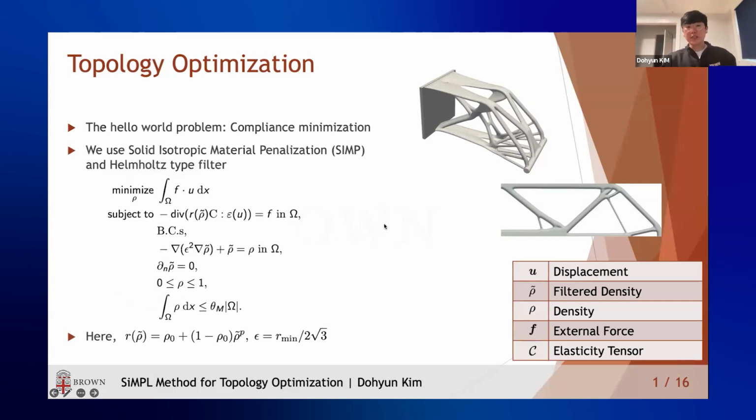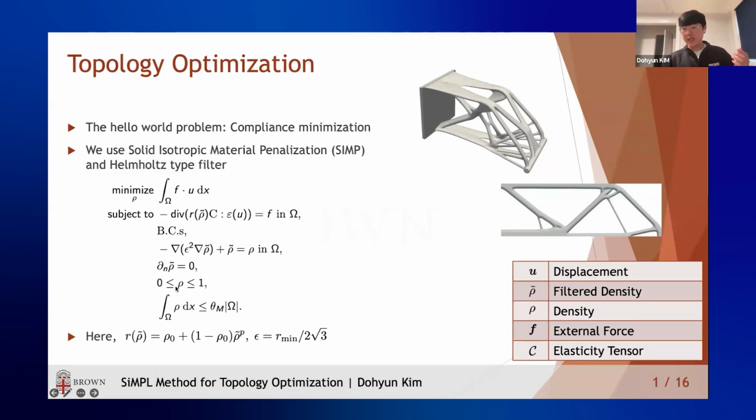For density-based topology optimization, we replace rho with R of rho, which is called the solid isotropic material penalization. This promotes a binary design when we relax the density to vary between 0 and 1.